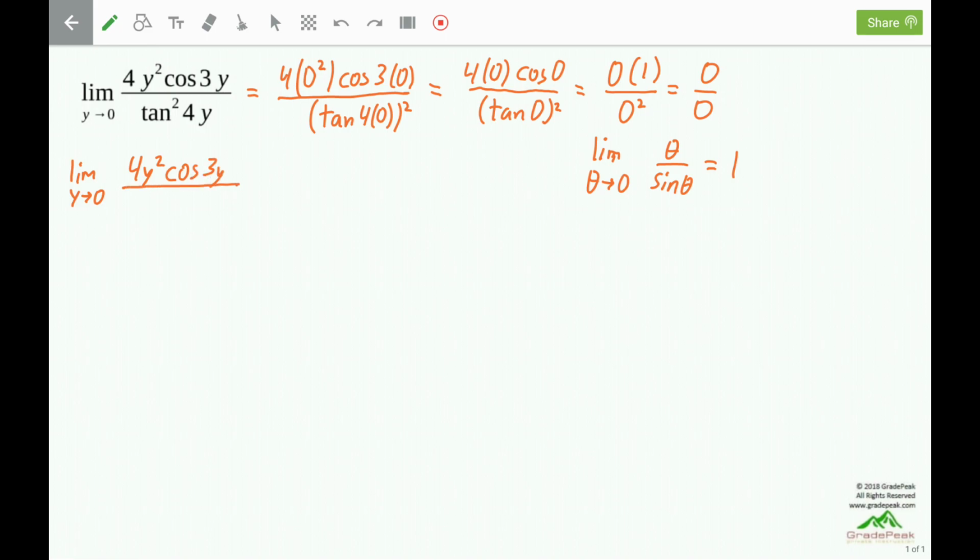That would be the tangent of 4y. We're going to rewrite it as sine over cosine of 4y. It's being squared, so we'll write it as sine of 4y over cosine of 4y, and then quantity squared, like so.